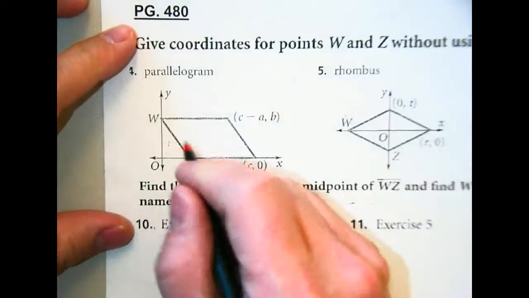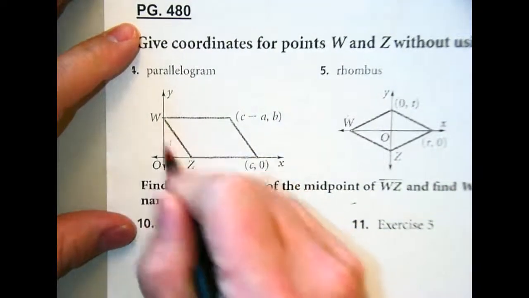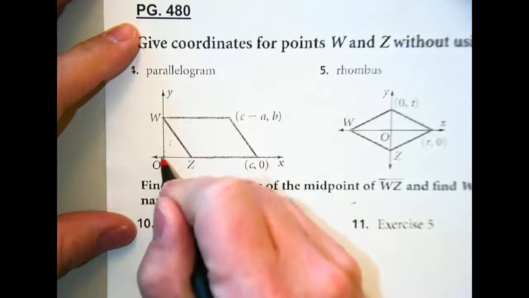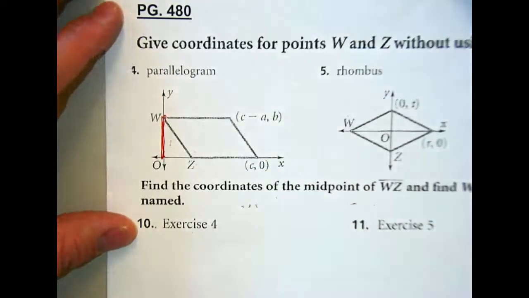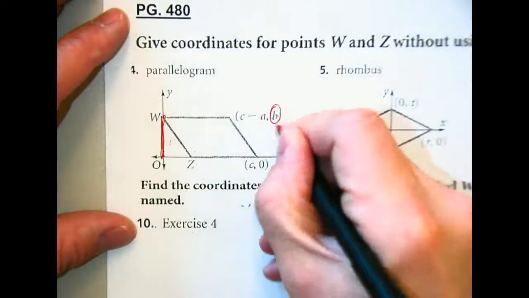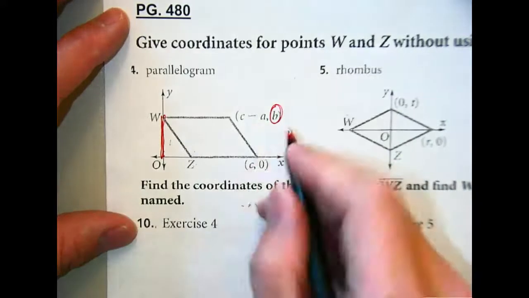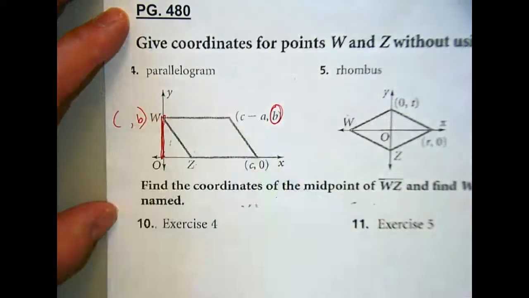First, W. Going from here to here, what's that height? Everyone agree it's B? Yeah, that's B. Same height as that, right? It's the same level, so same y value. So our y value is B. How about our x value?